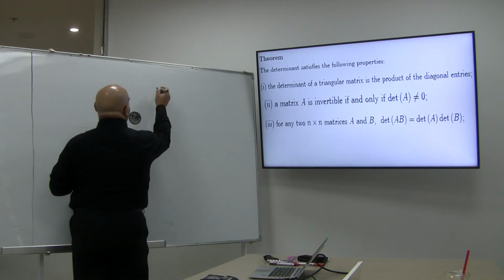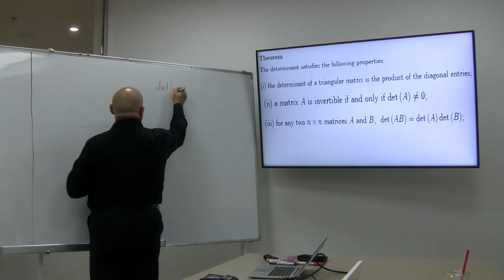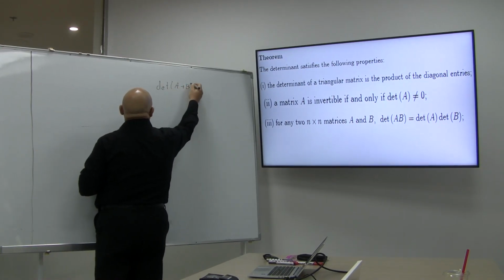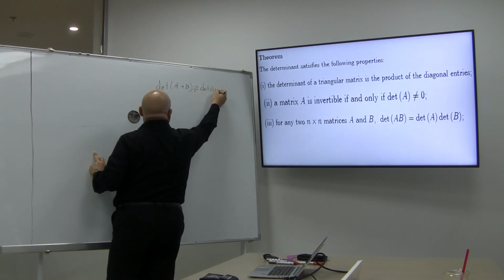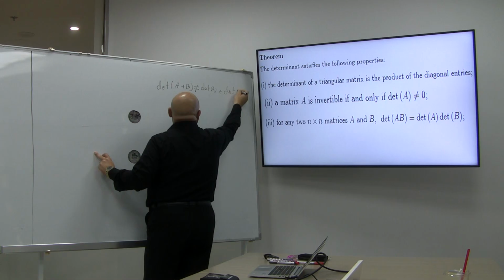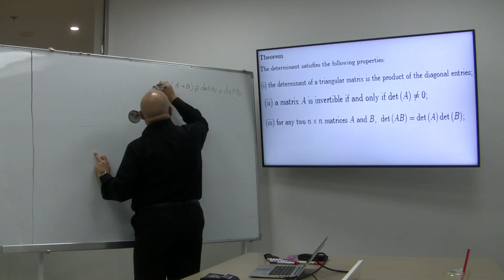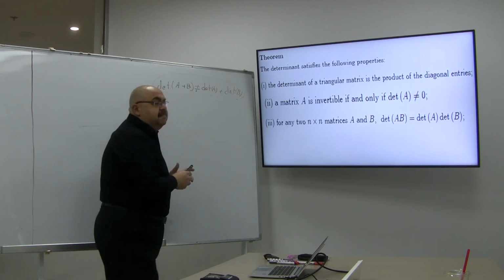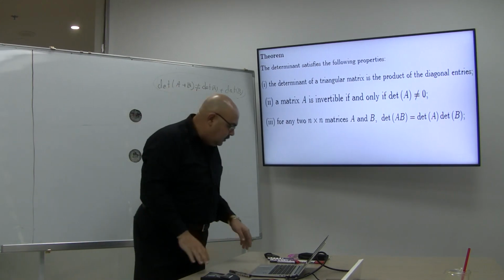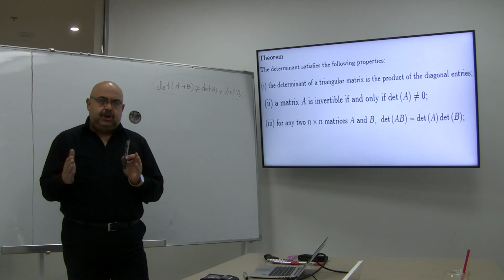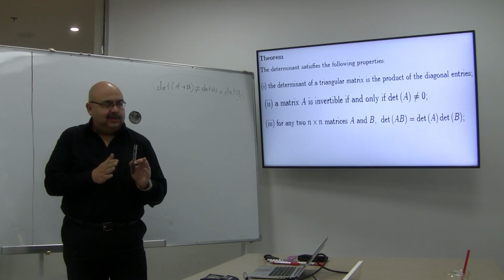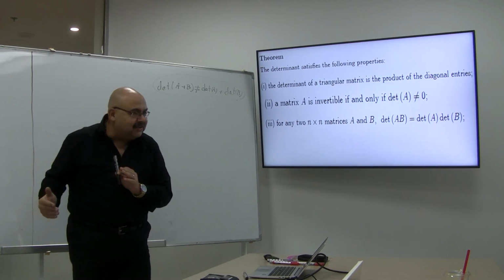I have to add this information. The determinant of A plus B doesn't equal the determinant of A plus the determinant of B. This is the general rule. It may happen in certain cases, but in general, the determinant of the addition of two matrices is not equal to the determinant of the first plus the determinant of the second.